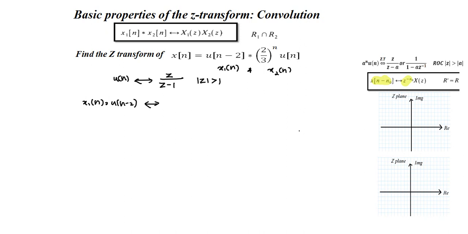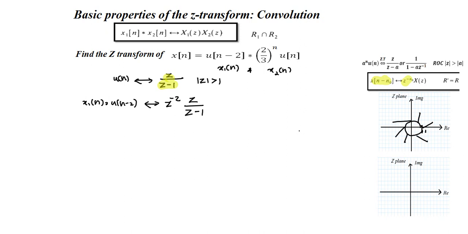Here n0 is 2, so we multiply the transform of the original signal, Z by Z minus 1, by Z raised to minus 2. The initial signal's ROC is modulus of Z greater than 1.